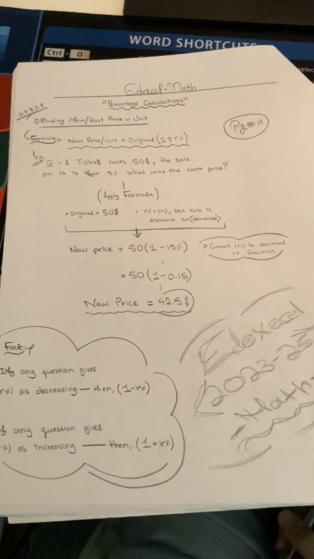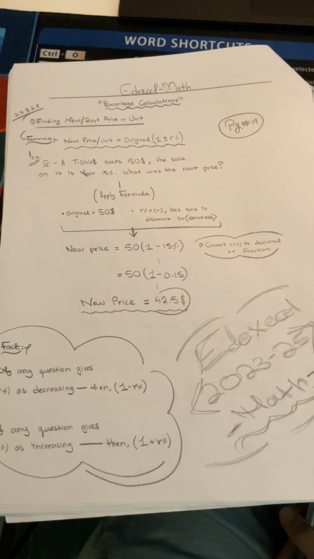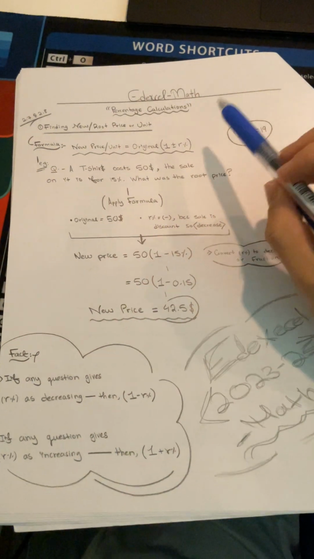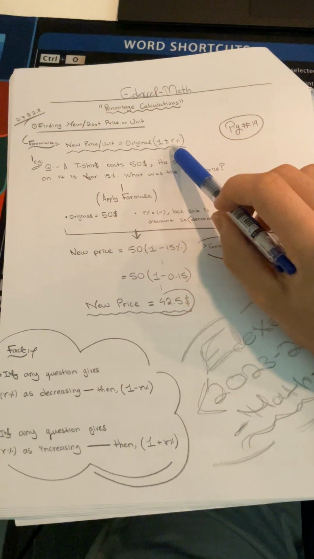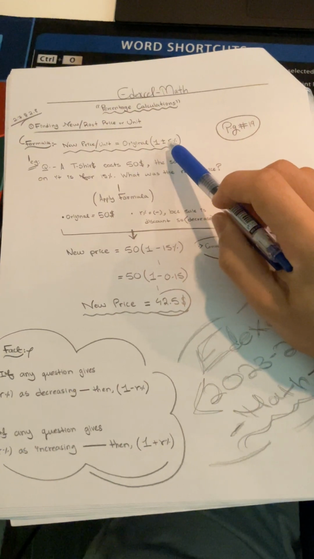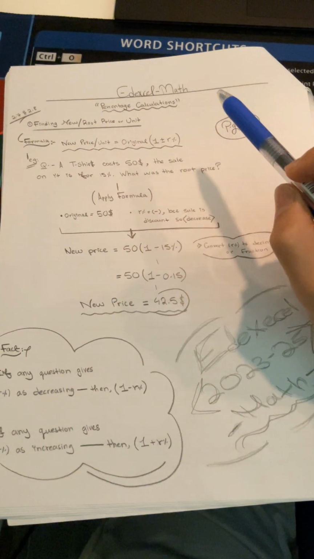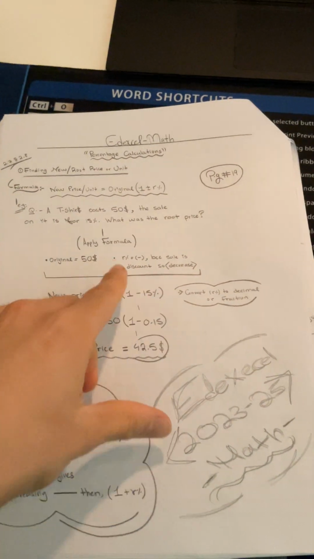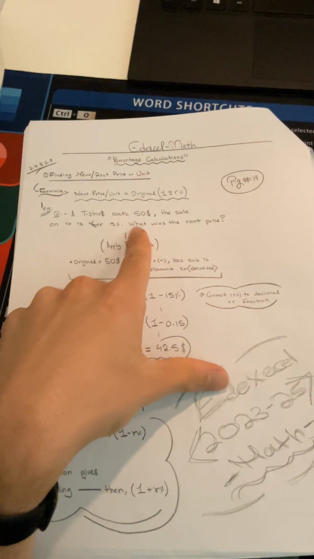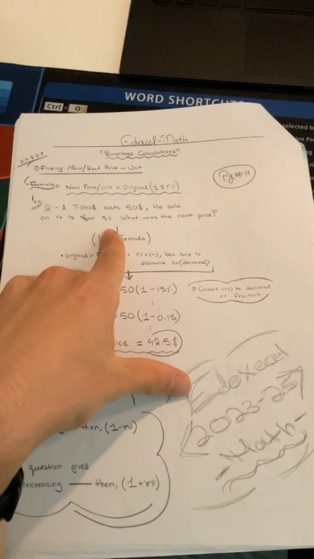First, let's have a look at how to find the new or final price or unit. The new price is equal to the original times 1 plus or minus the increase or depreciation in our percentage rate. Let's have a look at a question to understand this. A t-shirt costs $50. The sale on it is 15%.